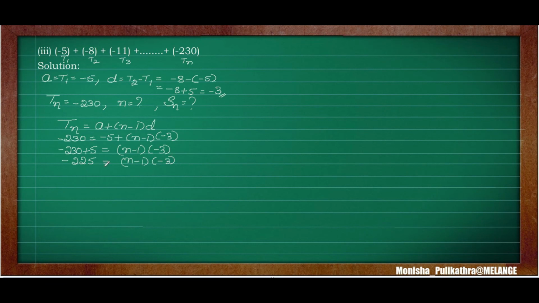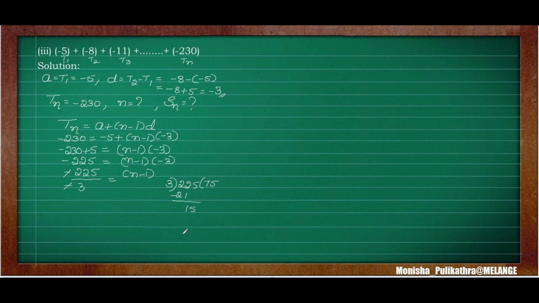So in the next step we need to take it into divide by form. So minus 225 divided by minus 3 is equal to n minus 1. Okay, so here minus and minus cancel each other. So here we need to divide 225 by 3. So 3 sevens are 21. So 15 remaining. Next, so 1 remaining, then we need to take 5 here.